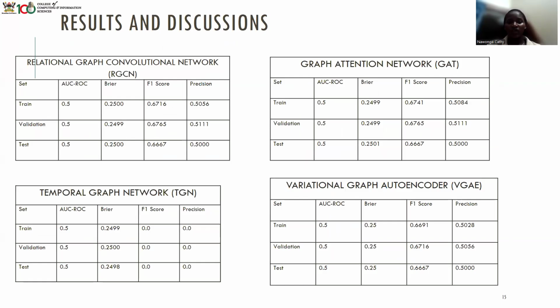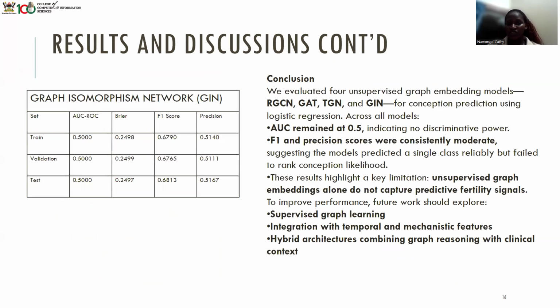Next we have the relational RGCN, TGN, GHC, VGAE, and GENE. We evaluated 4 unsupervised graph embeddings, the ones I have mentioned. Each was trained on the same knowledge graph and paired with logistic regression for conception prediction.